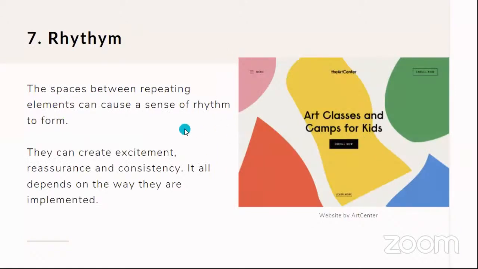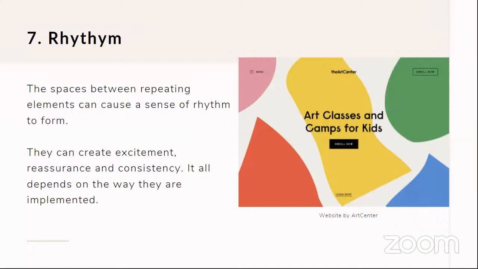It can create excitement, consistency, reassurance, like I said before. And then it all depends on the way they are implemented. In this example, I don't know if you can see this pointer, but just follow it. These spaces are rhythm. There are different kinds of rhythm. We have random, regular, alternating, flowing, and progressive.